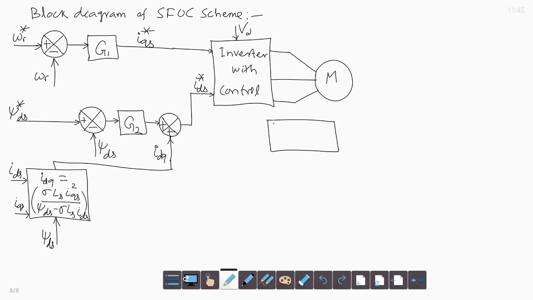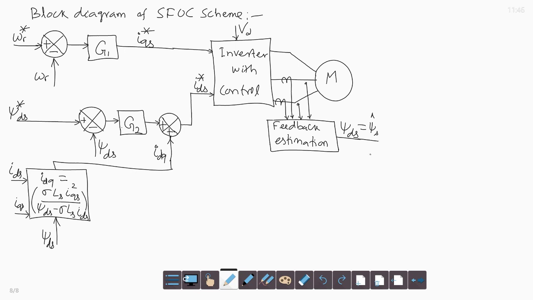Then we have a feedback estimation block which takes the stator currents and stator voltages as the inputs and estimates the stator flux psi ds, which is also psi s hat.